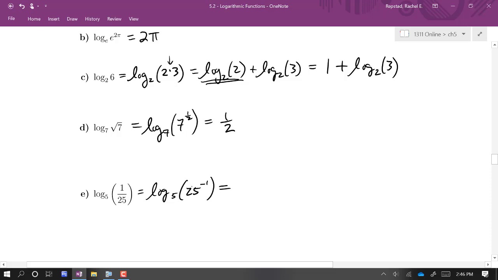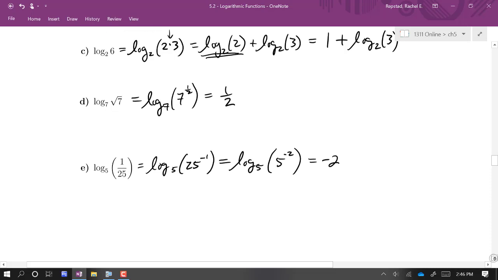And in fact, 25 is 5 squared. So this would be log base 5 of 5 to the minus 2. And now I've got the bases agreeing, log base 5 of 5 raised to the negative 2 power, and that gives me negative 2.